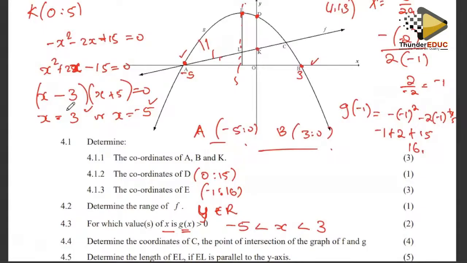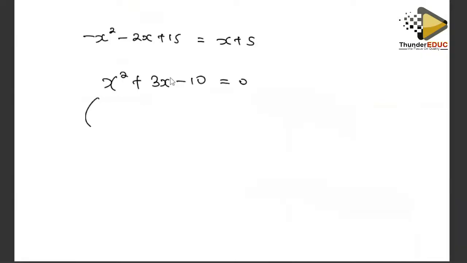So at point C, both graphs need to be equal to each other, meaning that -x squared minus 2x plus 15 should be equated to x plus 5. Okay, let's collect everything on one side and form a standard equation. It's going to be x squared plus 3x minus 10 equals 0.